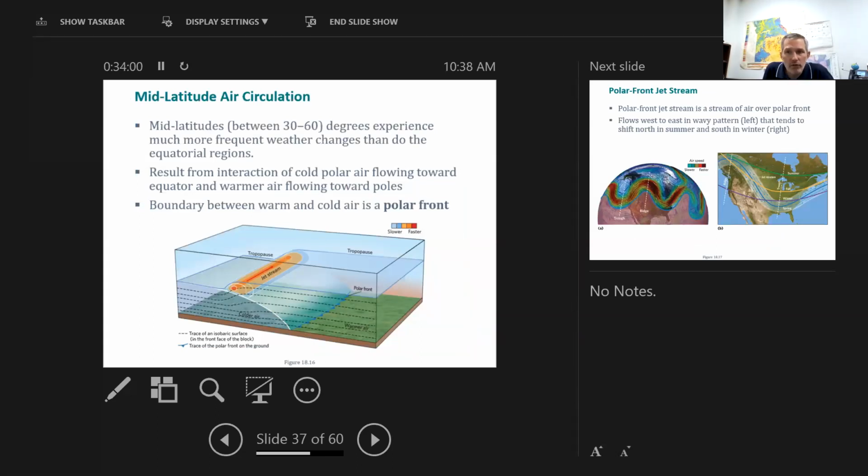the mid-latitudes, so this is looking at the northern edge of those Hadley cells, and then we have a mid-latitude cell as well. And this is from 30 to 60 degrees north latitude. And this air is the result of the polar air moving down and the warmer air from the equator moving back up.